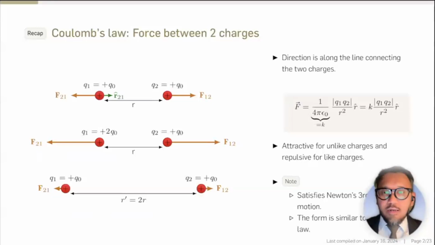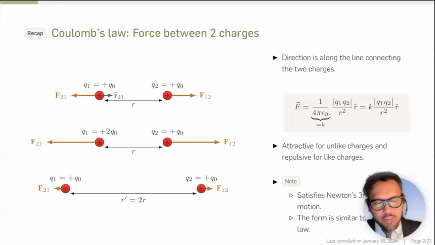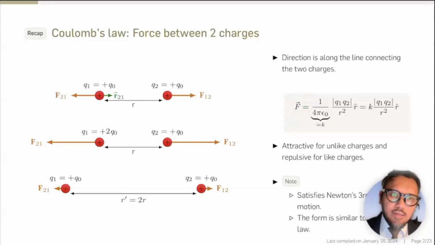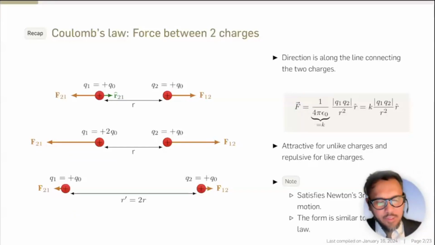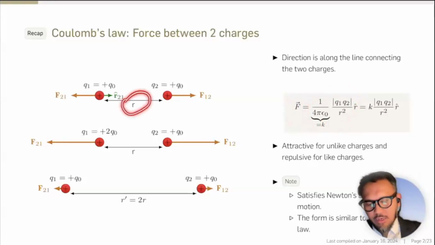And then we started learning about this value here, which is a vector, force. Force is a vector. The magnitude is basically k times charge 1 times charge 2 divided by the separation r squared.